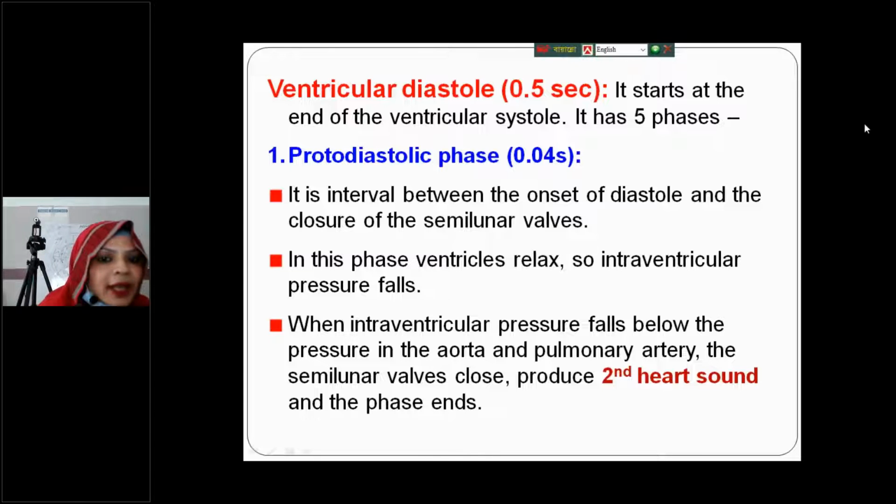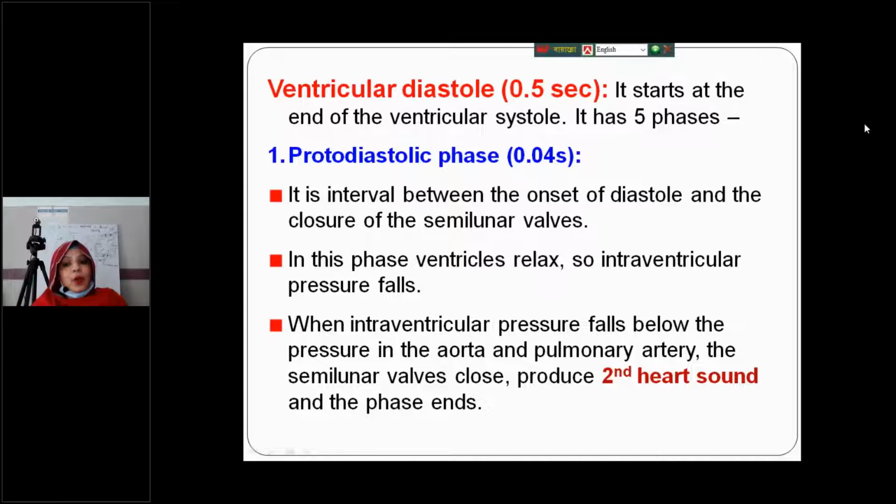In this phase, the ventricle of course relaxes. Diastole means relax, so intraventricular pressure falls. When intraventricular pressure falls below the pressure in the aorta and pulmonary artery, the semilunar valve closes and produces the second heart sound. This point is very important here.